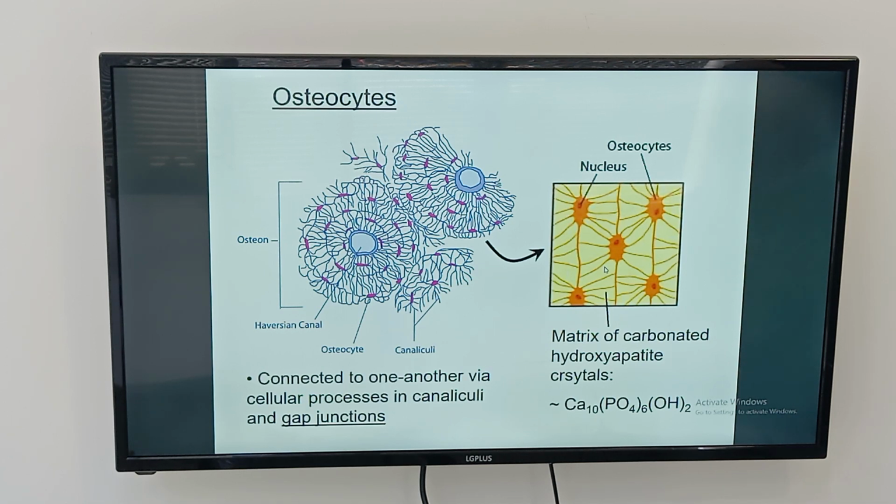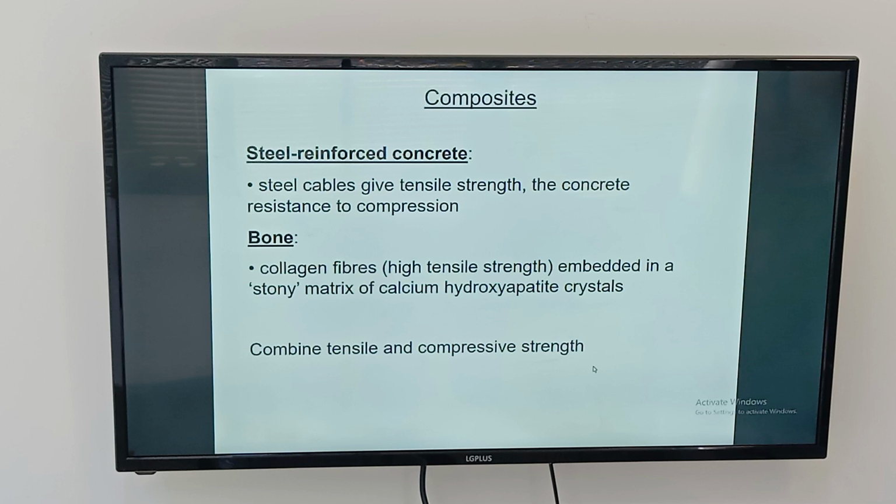The beige part in the background is the matrix of carbonated hydroxyapatite crystal that we mentioned before, which gives the collagen fiber its tensile strength.